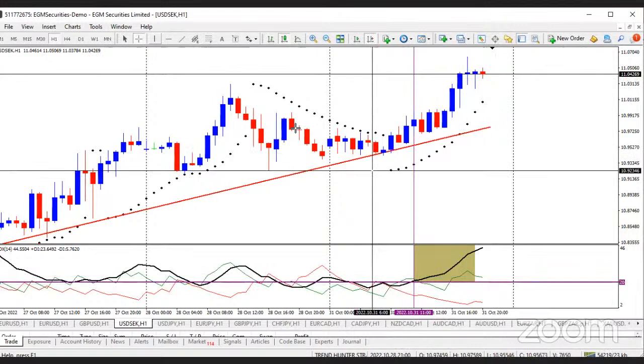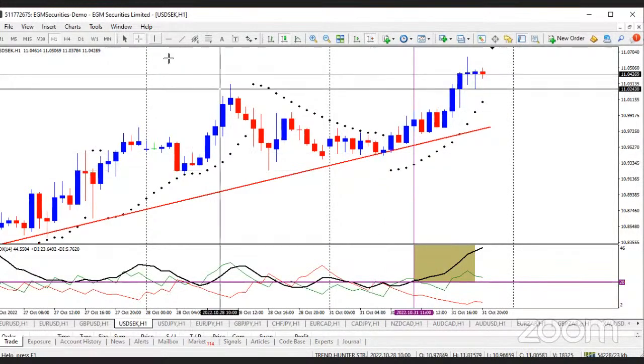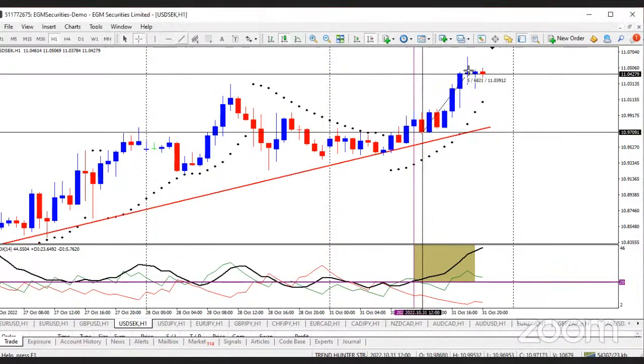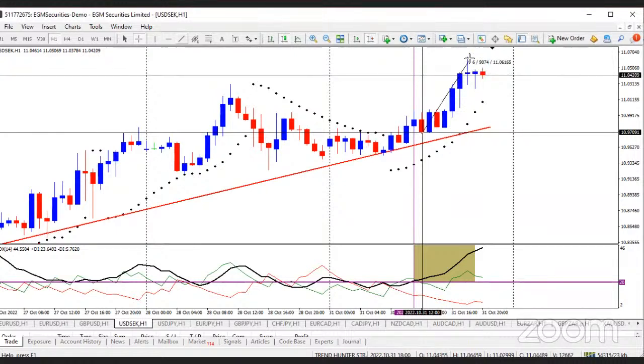That, coupled with the fact that you had parabolic giving you an early indication at this point. At around this point, you'll notice that that is where the momentum started to pick up pace. From around 11 o'clock today up to now, this pair has risen by around 900 pips. So again, this was a good setup to take.